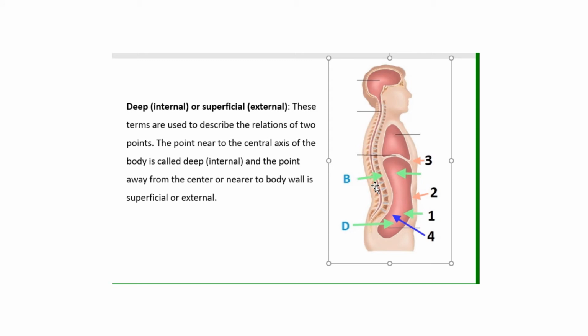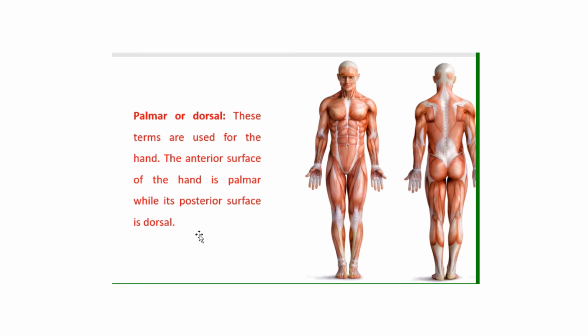Which of these points is nearer to the body wall, either anterior body wall or posterior body wall, is called superficial, and that which is deep is called deep. Here, palmar and dorsal.